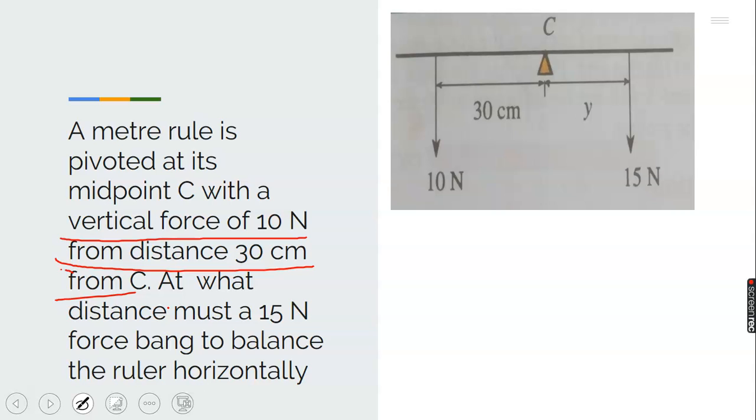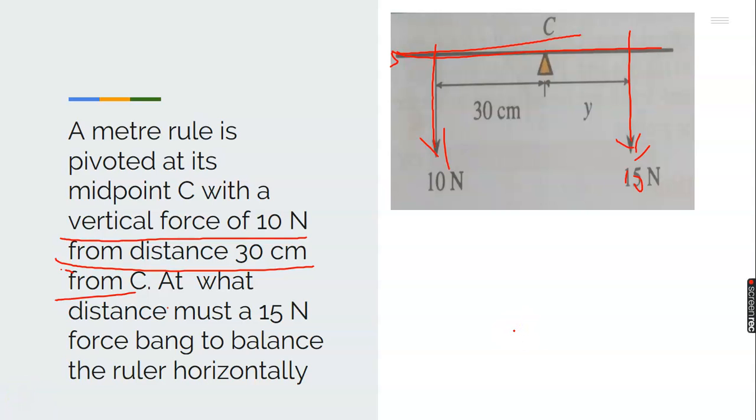Now, look, we have a 10 Newton force here, then we have 15 Newton here. If you want this meter rule to be balanced, where should we put the 15? Because you can put it anywhere. You must look for the point where they balance.